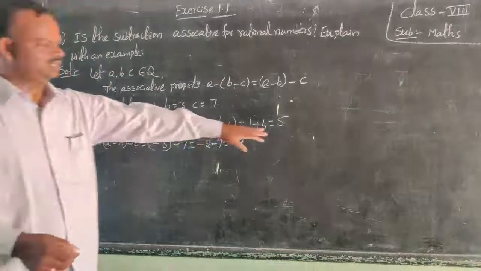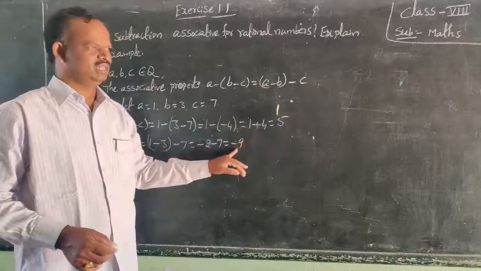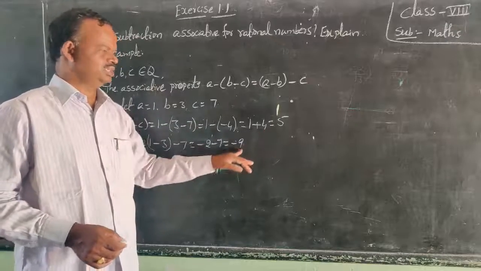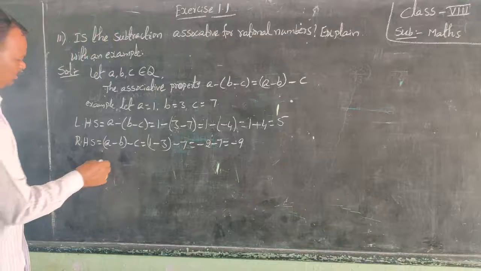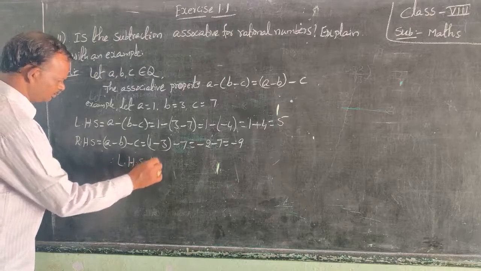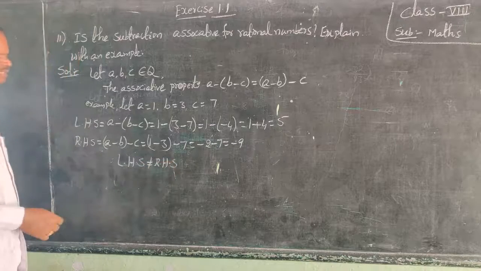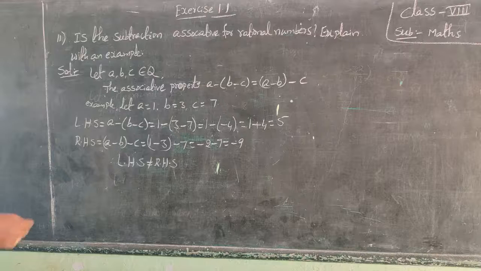These two values are not equal. First value is 5, second value is minus 9. So these two values are not equal. Therefore, LHS is not equal to RHS.